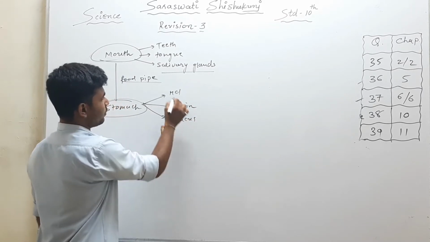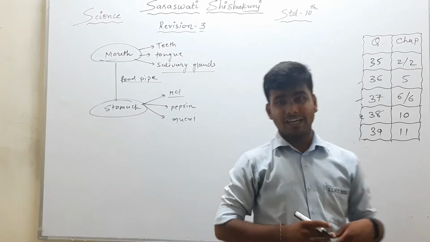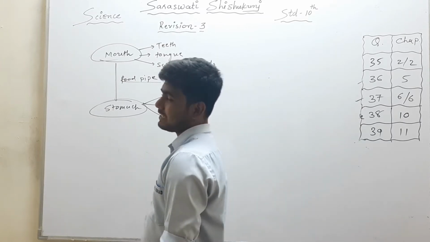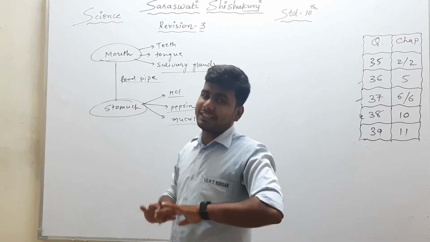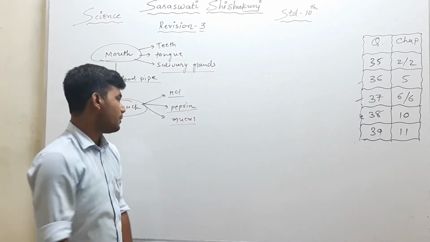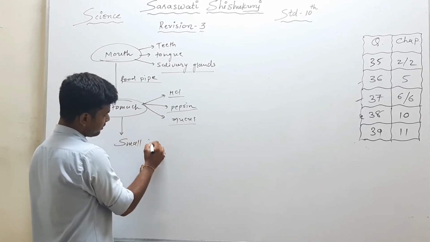So what is the function of HCl? It kills bacteria, it gives us the acidic medium, and it breaks down the food into small globules. Pepsin is used in digestion of protein, and mucus protects the stomach wall from the excess secretion of HCl.